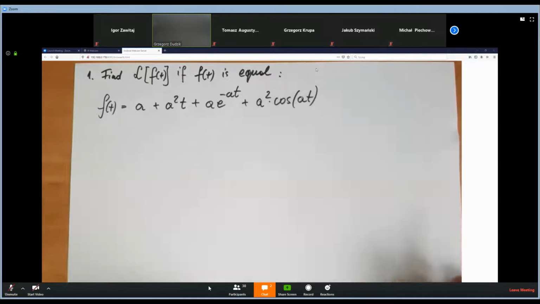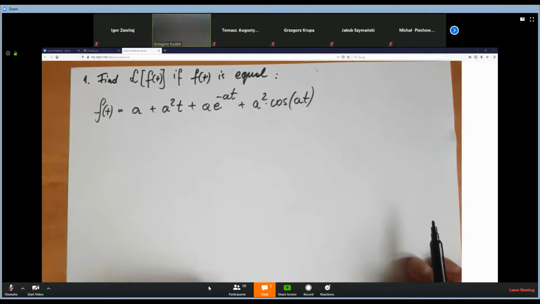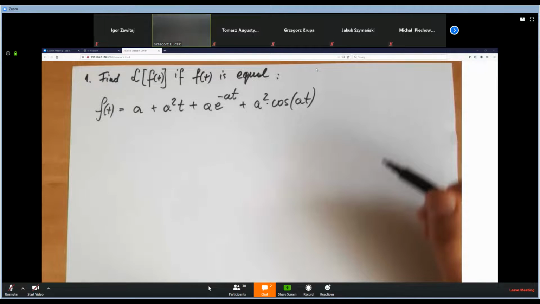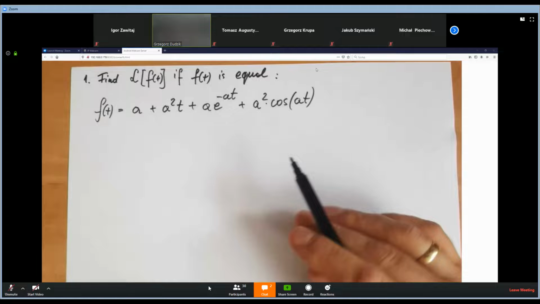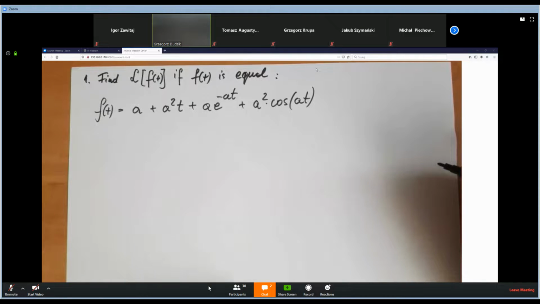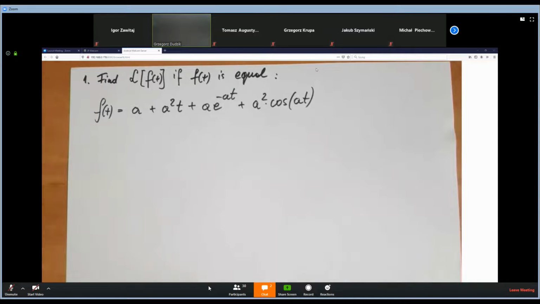Of course, the a is a constant value, some number. This is our function in the time domain, and we have to find the Laplace transform of this function. So we have to go from the time domain to the Laplace domain.